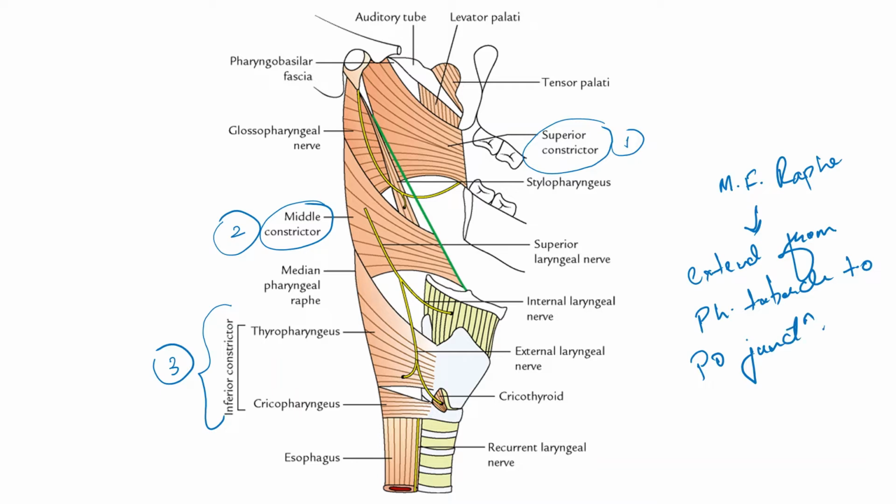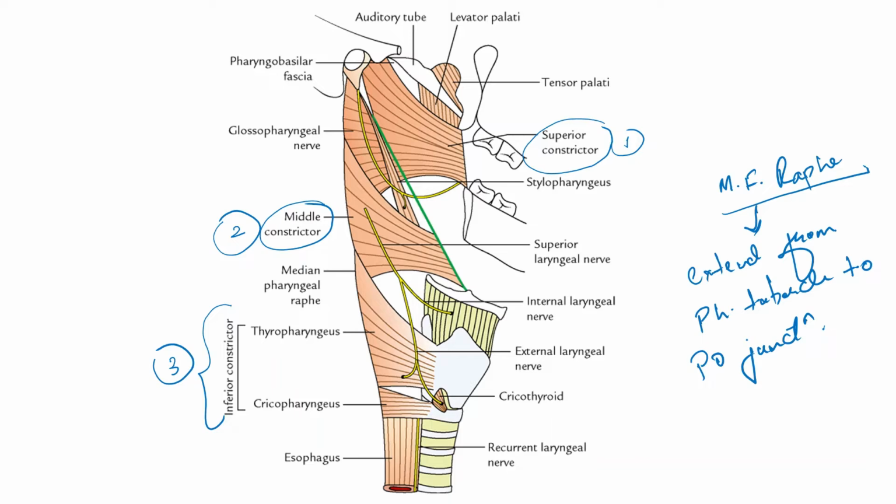So this is the extent of the median fibrous raphe. All these three muscles take their origin from different points, ligaments or bones, and are arranged circularly around the pharyngeal tube to get inserted along the median fibrous raphe behind.